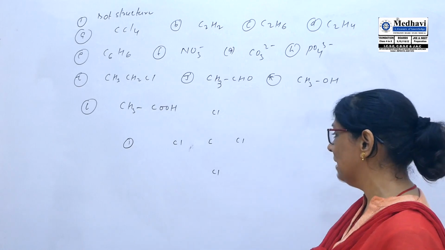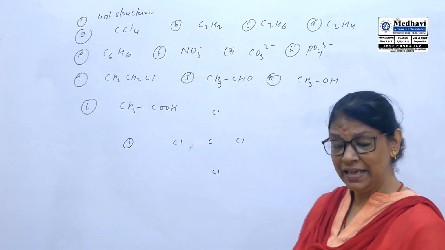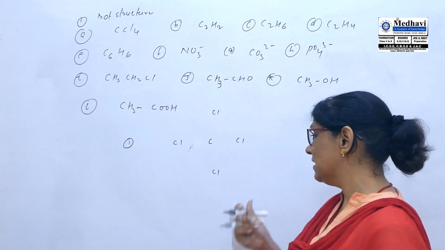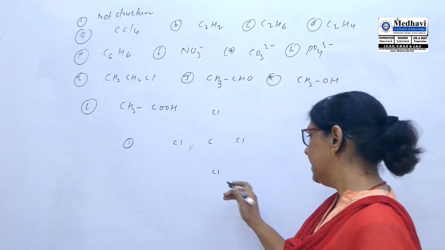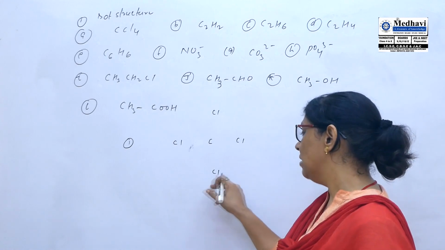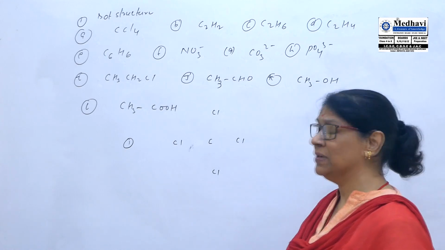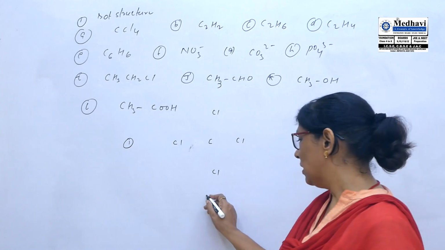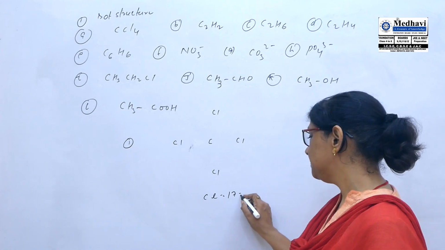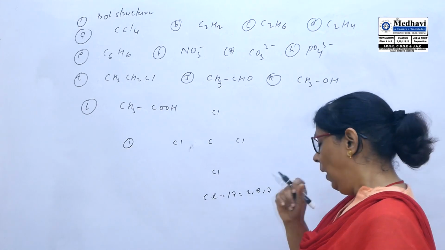Here I am using carbon and chlorine. First we need to take the valence electrons. How many electrons are shared between carbon and Cl is important. Chlorine's atomic number is 17, with configuration 2, 8, 7.